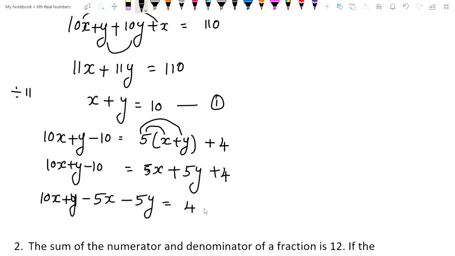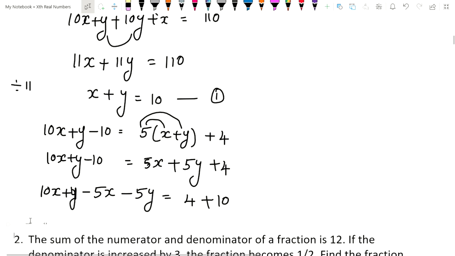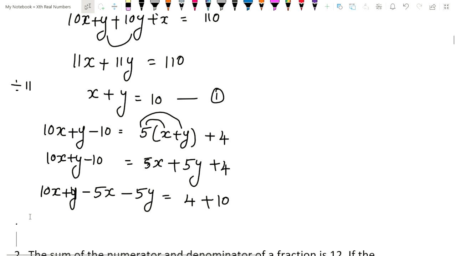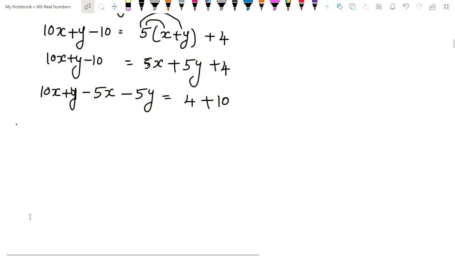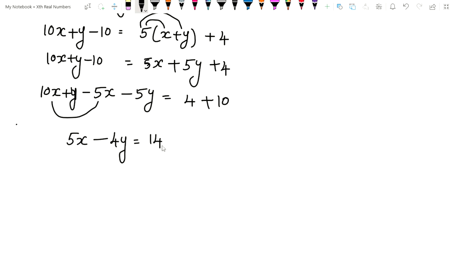Minus 10 will change to plus 10. So 10x minus 5x, what will you get, children? 5x plus y minus 5y. So minus 4y equals 14. This is the second equation.